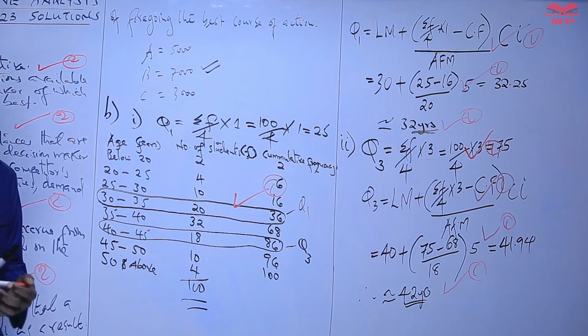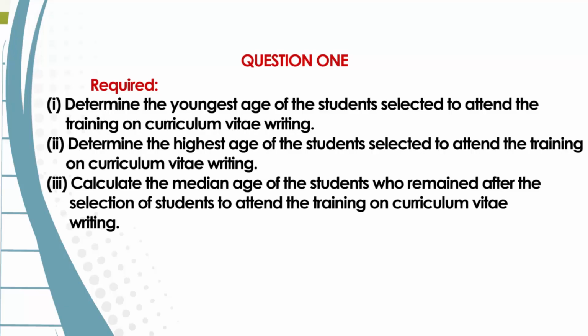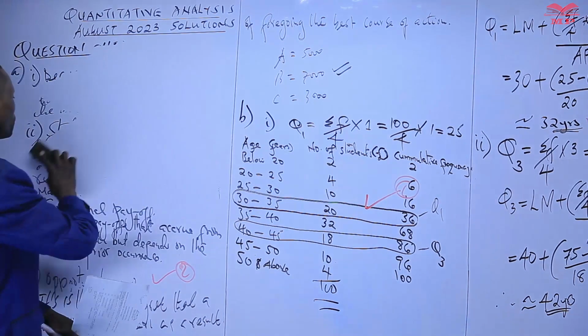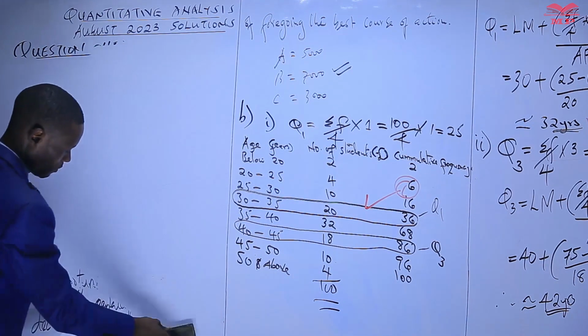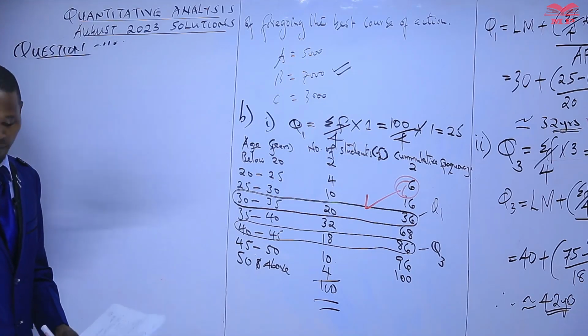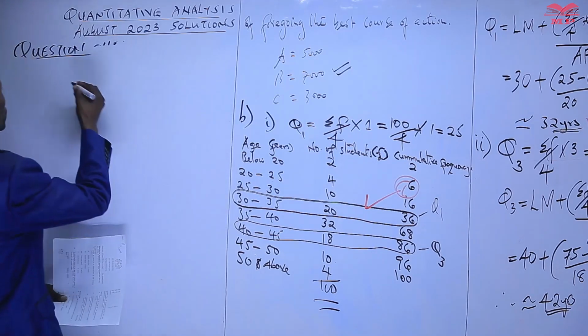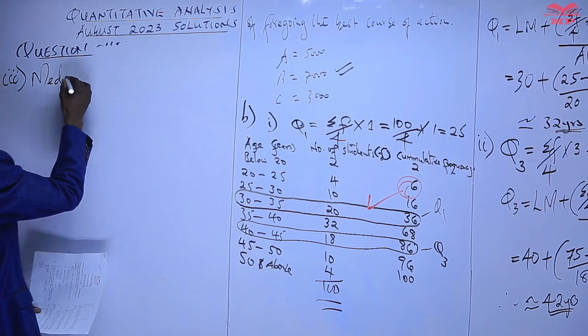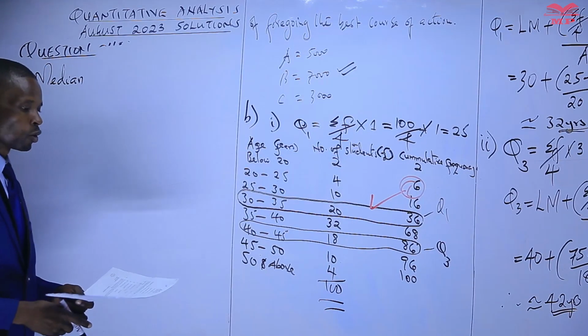Now we move to part C. You are told to calculate the median age. So let me come to this side again. Roman 3, median.